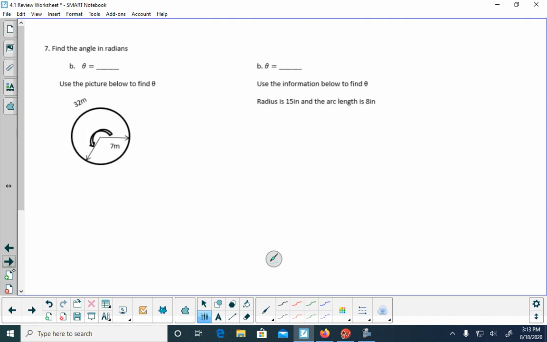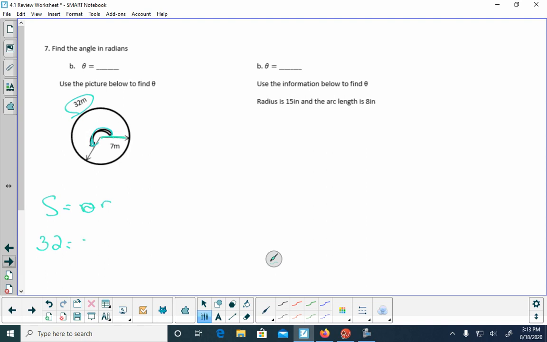Number 7, it wants you to find the angle. So you have the picture below. This is where I'm using the formula that the arc length is equal to the radius times the angle, r theta. When it gives me this symbol, that means it's the arc length. So this 32 is my arc length. The 7 is going to be the radius.